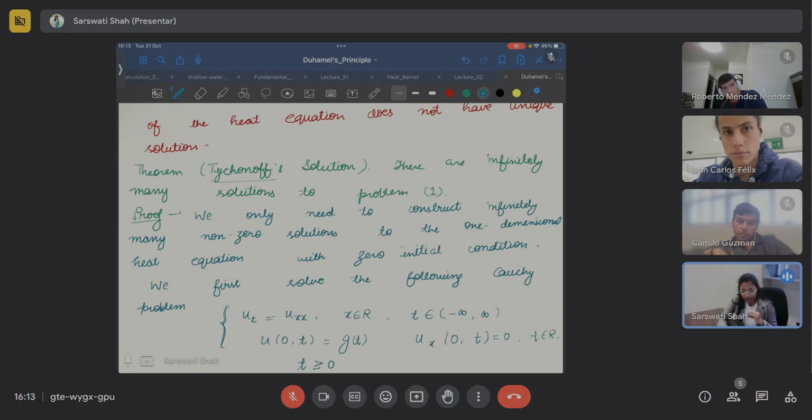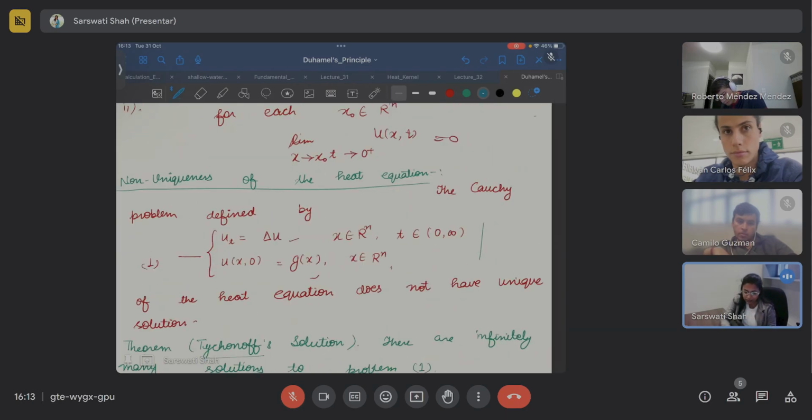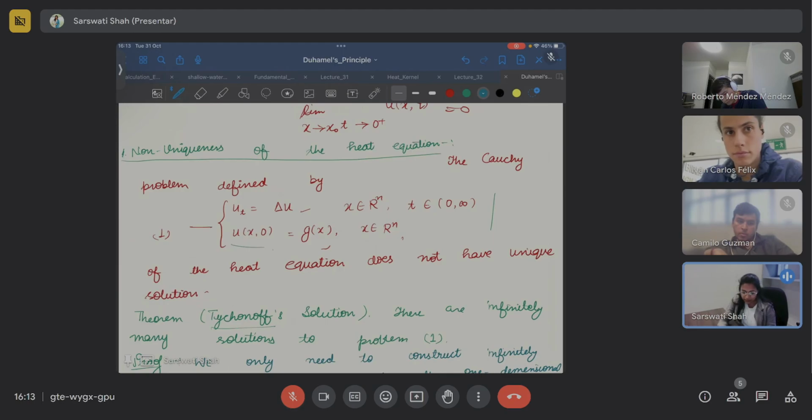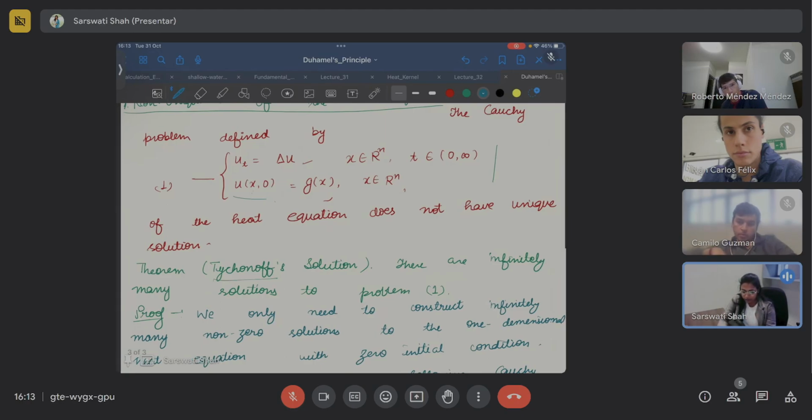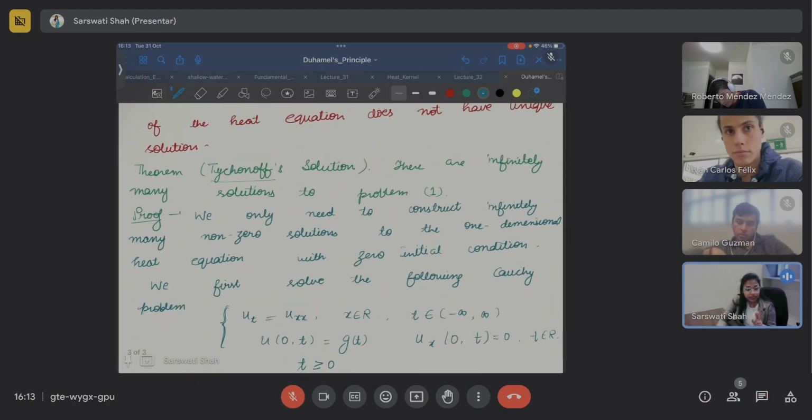And then he is also changing that condition to 0 comma t, just reversing the roles. I would say he is trying to convert the initial value problem to a boundary value problem, with u and u_x at 0 comma t.